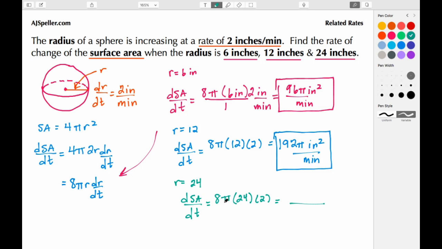We end up with 8 times 24 times 2, which turns out to be 384. Again, we have the factor of pi and our units, inches squared per minute. And again, this means that at the moment the radius is 24 inches, the surface area is increasing at a rate of 384 pi inches squared per minute.